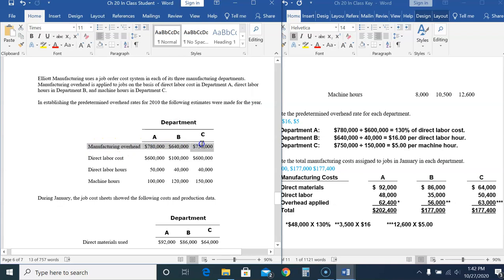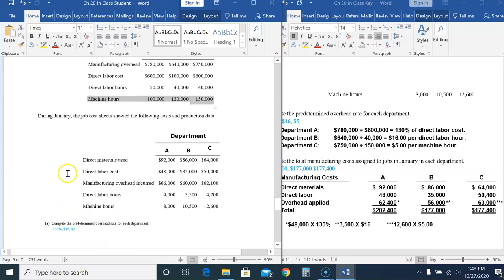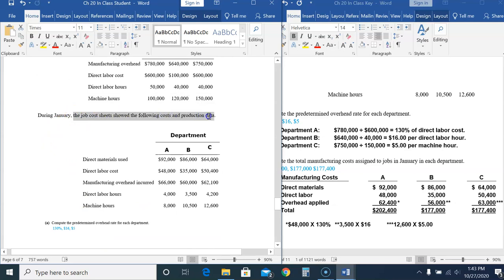Total estimated manufacturing overhead by department, total estimated direct labor costs by department, total estimated direct labor hours by department, total estimated machine hours by department. In January, job cost sheets showed the following cost and production data.